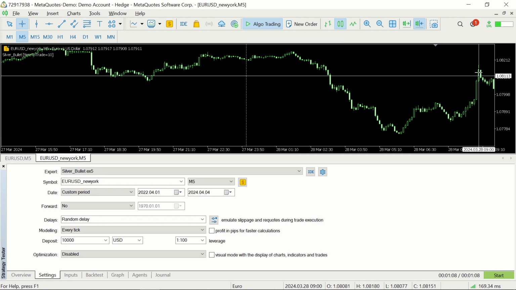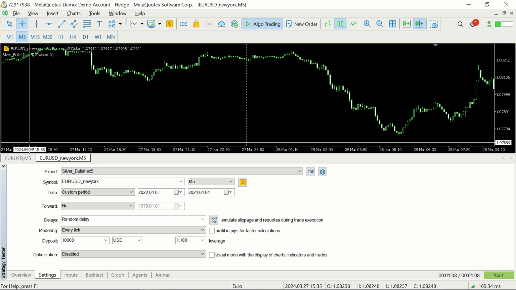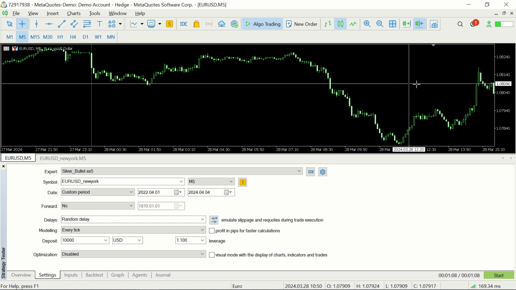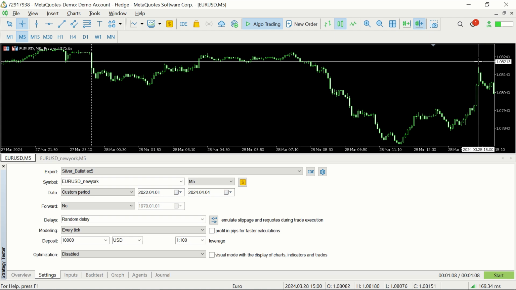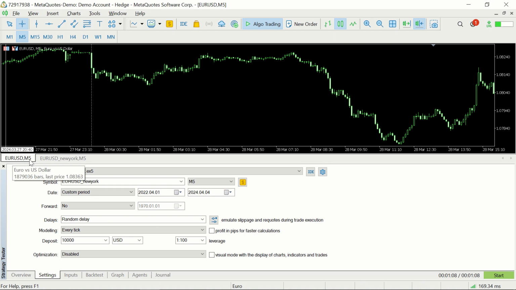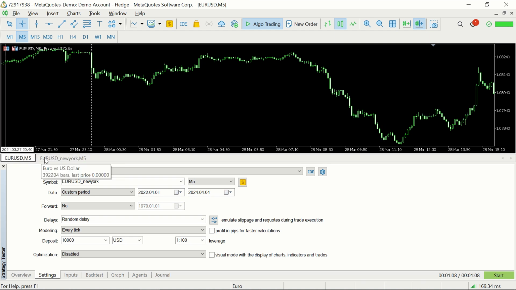For example, let me take the time here at this particular candle here. It's 9 a.m. And if I go to this other chart, the normal chart now, EURUSD 5-minute, the same candle here, you'll find that it's 3 p.m.